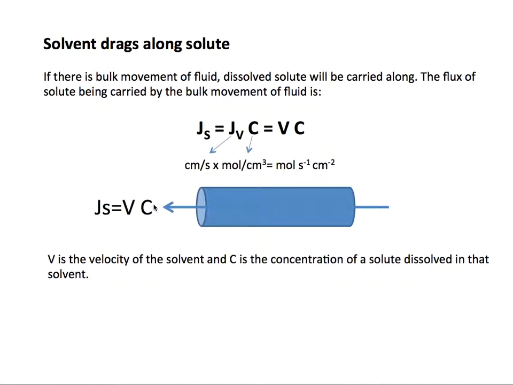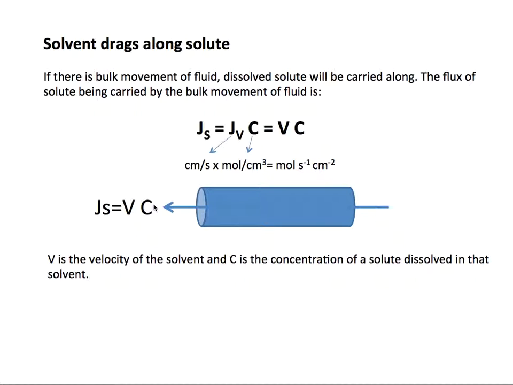So solvent can drag along solute, and the way we're going to figure out what JS is by taking JV, which is the flux of solvent, and multiply by concentration. So JV times C, and that's the same thing as VC, because we figured out that the solvent flux is equivalent to velocity, and velocity's unit is centimeter per second.